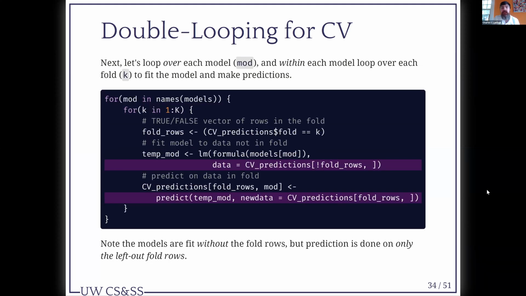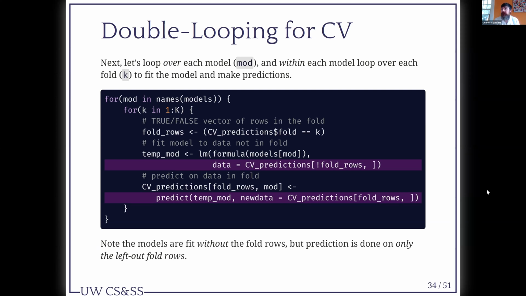Okay, so we're going to do something complicated here, because what we want to do is loop over every single one of these models to do our cross-validation. But then within each one of those models, we want to loop over each one of the folds. So we're going to do something called a nested loop.